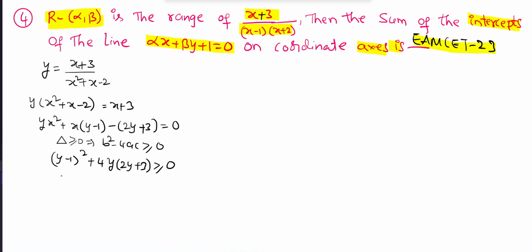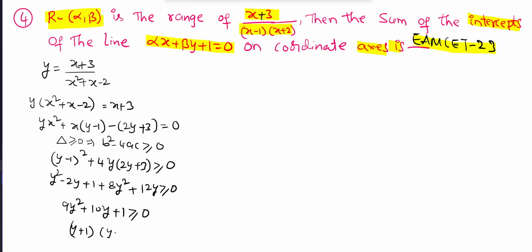Calculate: y square minus 2y plus 1 plus 8y plus 12 greater than or equal to 0. From this, 9y square plus 10y plus 1 greater than or equal to 0. This is written as (y plus 1)(y plus 1 by 9) greater than or equal to 0. Here alpha value is minus 1 and beta value is minus 1 by 9.